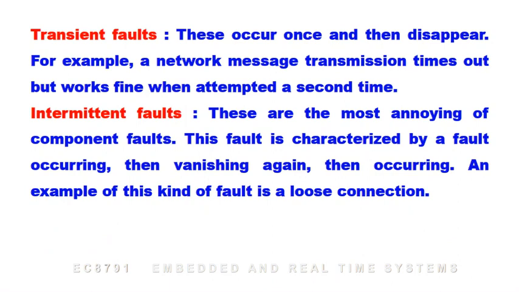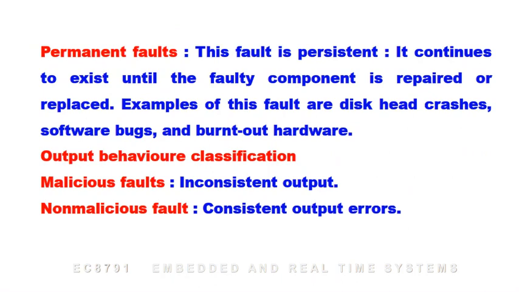For example, a network message transmission times out but works fine when attempted a second time. Intermittent fault. These are the most annoying of component faults. This fault is characterized by a fault occurring, then vanishing again, then occurring. An example of this kind of fault is a loose connection.